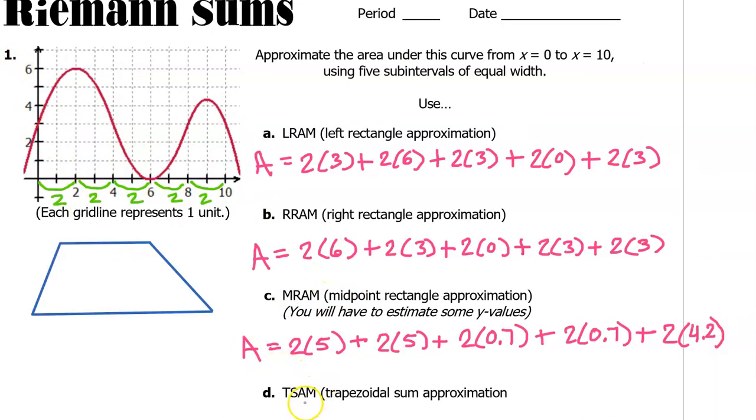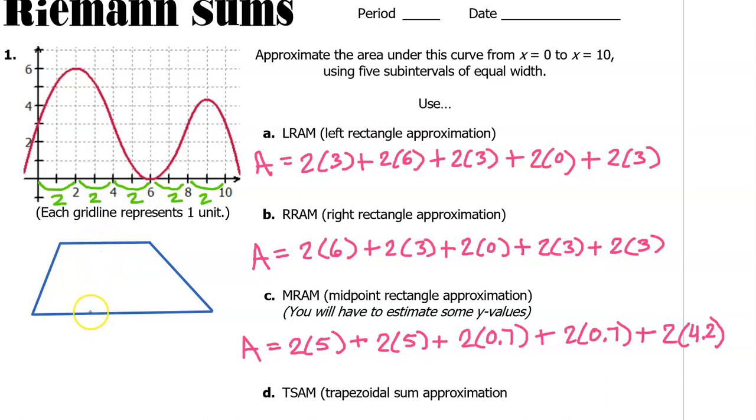Let's move on to the fourth method, which is called TSAM, for Trapezoidal Sum Approximation Method. So we're going to be using trapezoids to estimate the area under the curve instead of adding up a bunch of rectangles. So let's review what we know about trapezoids. A trapezoid is going to have 2 parallel sides.